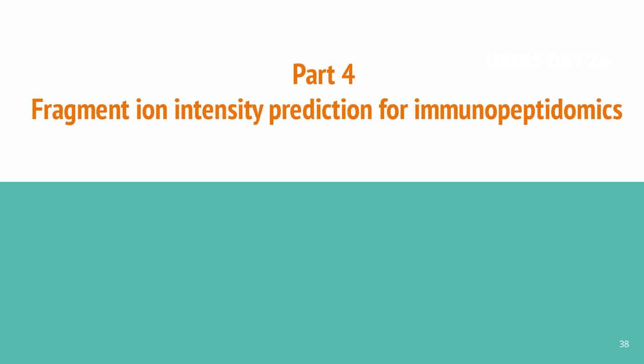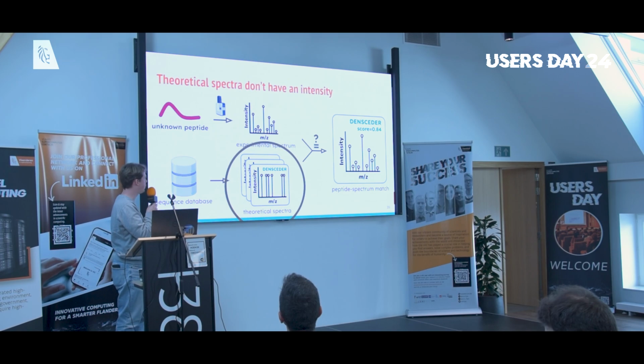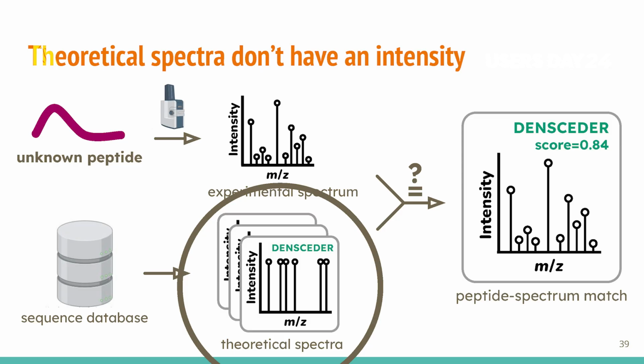Okay, then in a slightly different project, I want to focus more on the spectra itself. So some of you might know or might have noticed that these theoretical spectra all have the same intensity. So it is not really possible to compute the intensity of these spectra theoretically.